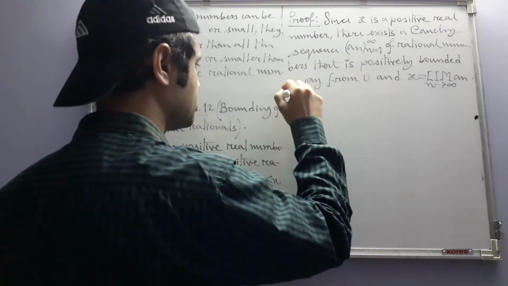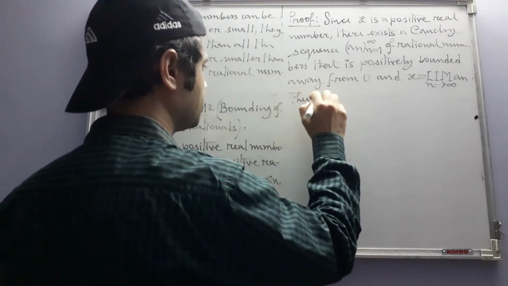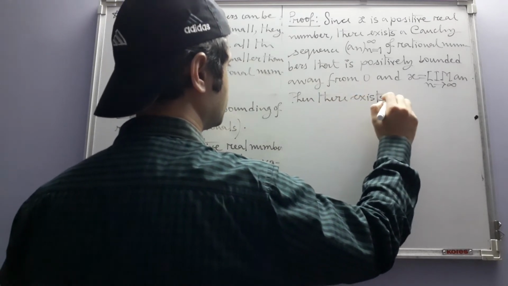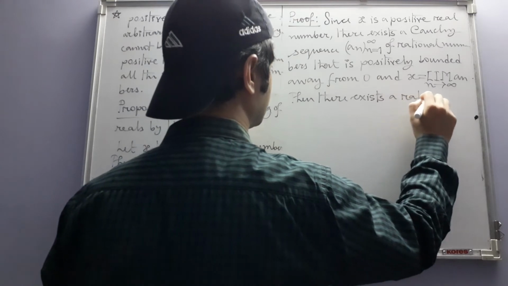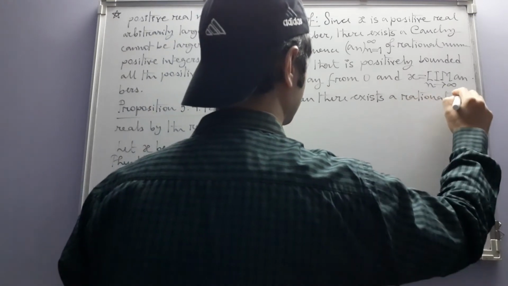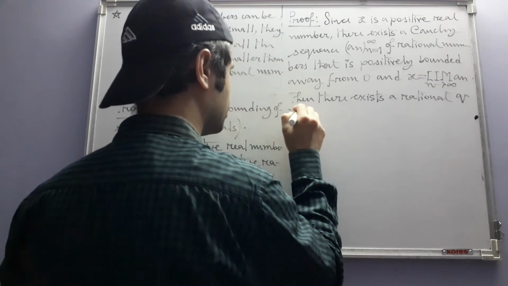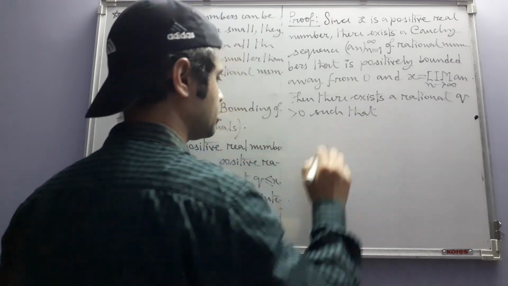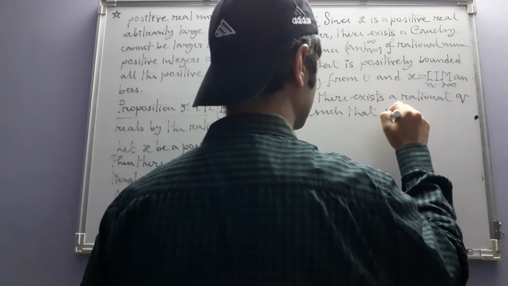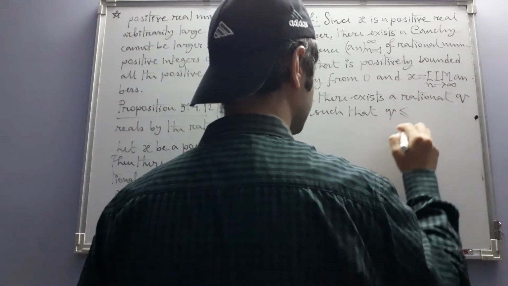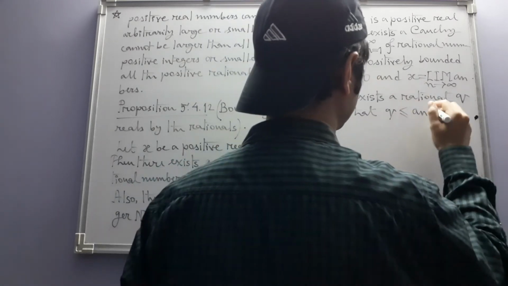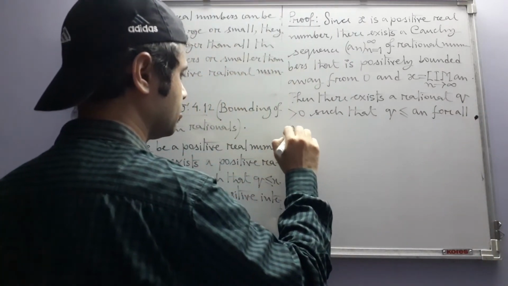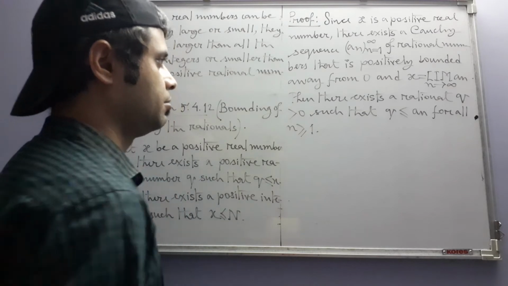Now since it is positively bounded away, there exists a rational q greater than 0 such that q is less than or equal to a_n for all n greater than or equal to 1.